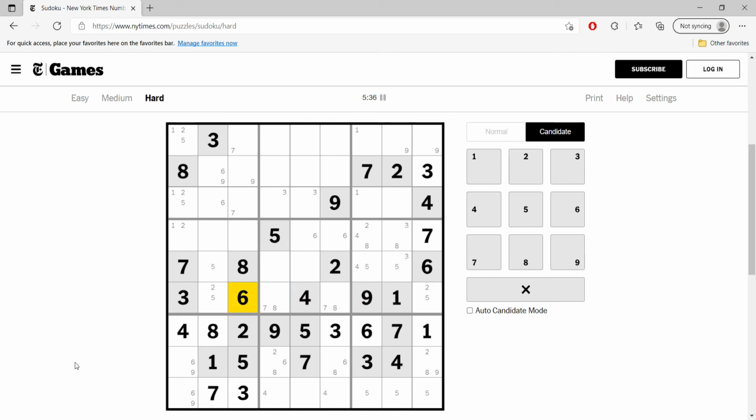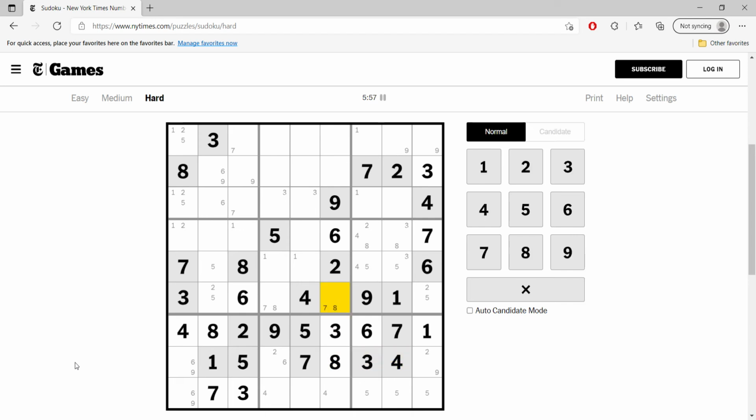Now actually, 1 is flat here. So this cell cannot be 1, 2, 3, 4, 5, 7, 8, or 9. This is just 6. So this is just 8. This is 7.